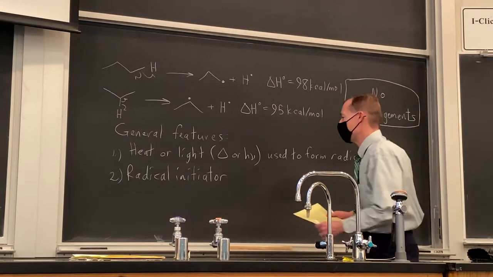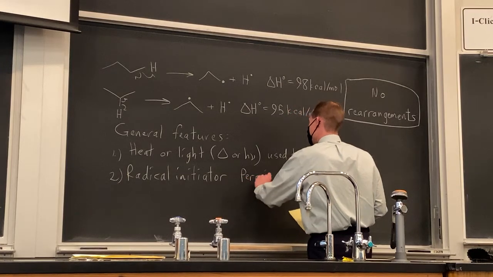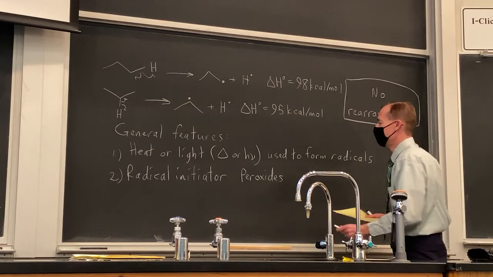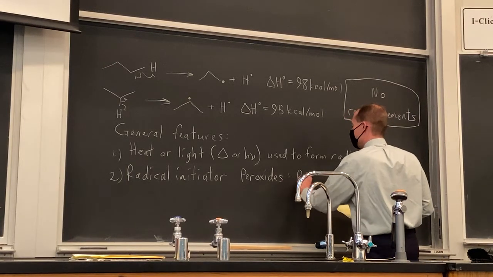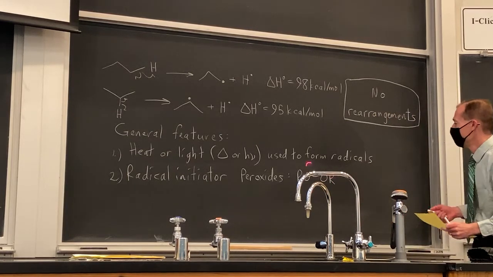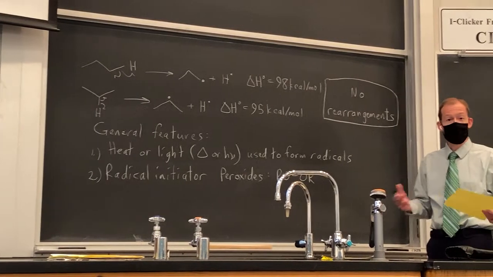There are several types of radical initiators. The one that we're going to talk about in this chapter is the peroxide, or peroxides in general. Peroxides are molecules that have an oxygen-oxygen bond. We encountered them in chapter 12. They are oxidants.